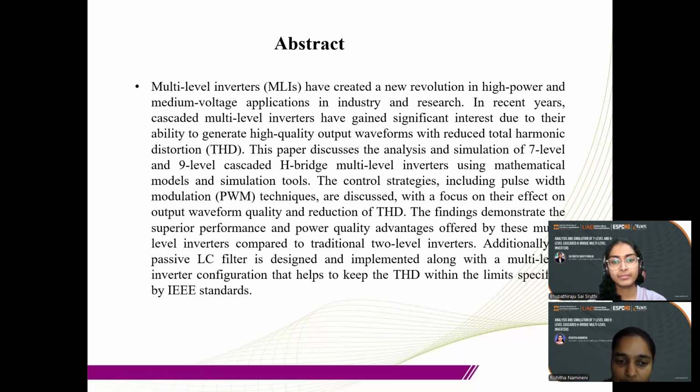The findings demonstrate the superior performance and power quality advantages offered by these multi-level inverters compared to traditional two-level inverters. Additionally, a passive filter is designed and implemented along with the multi-level inverter configuration that helps to keep the THD within the limits. So now we come to the block diagram.